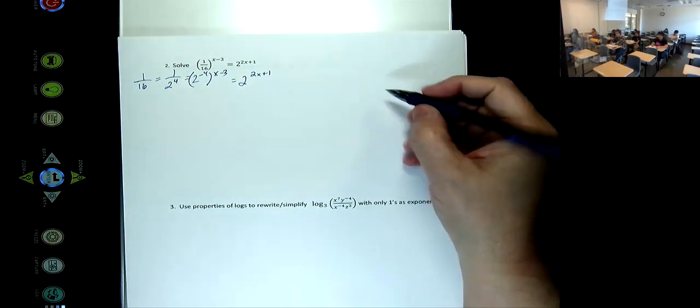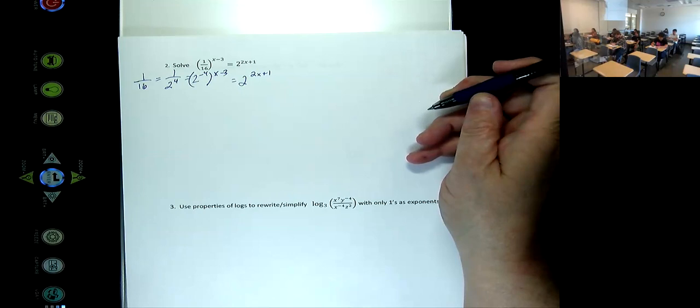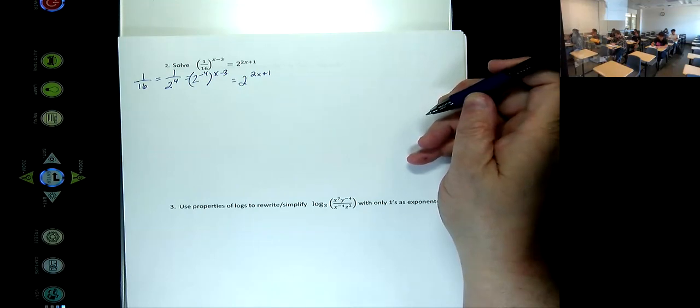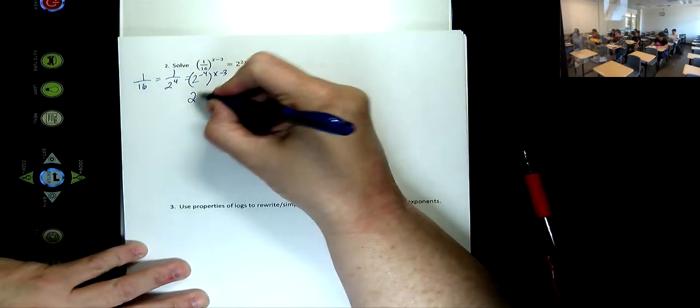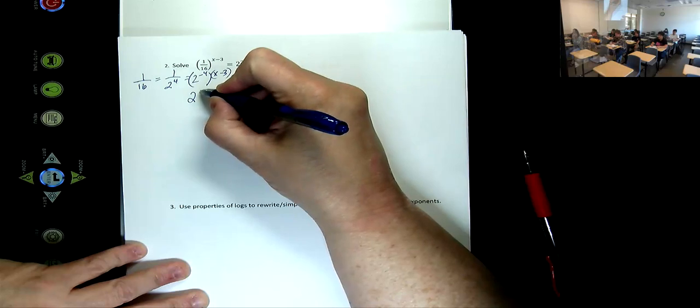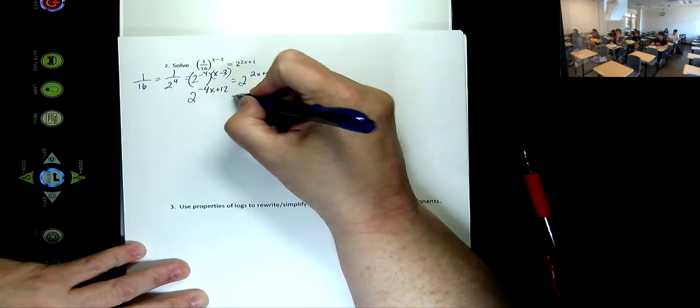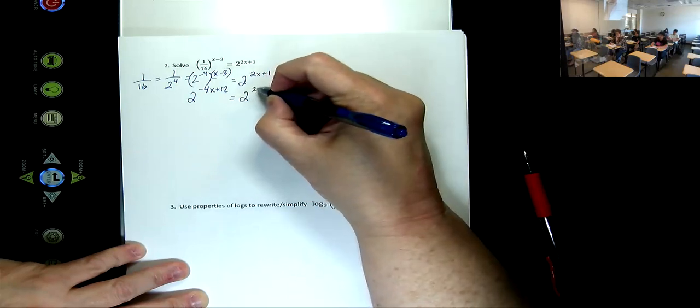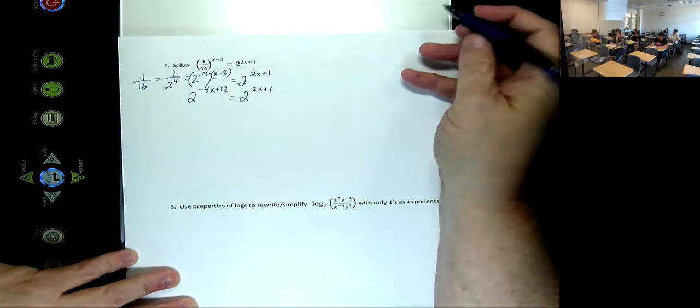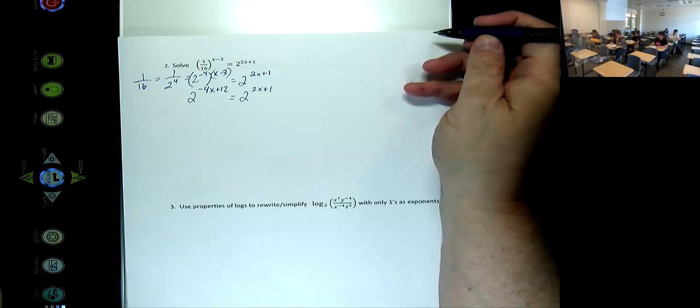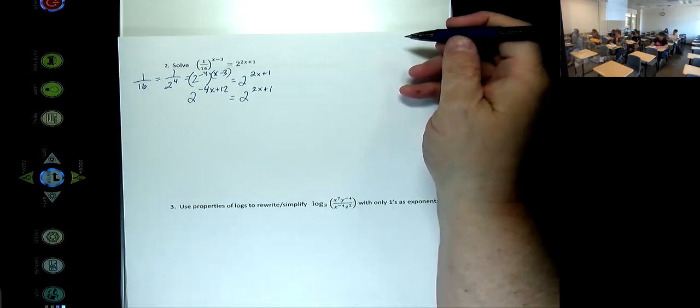Now what? That was a great start. If I distribute the -4 to the x minus 3, I have -4x plus 12 there, and here I have 2x plus 1. Okay, that looks good to me. Now what?